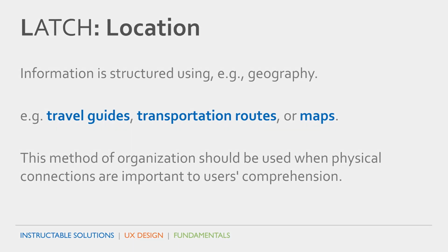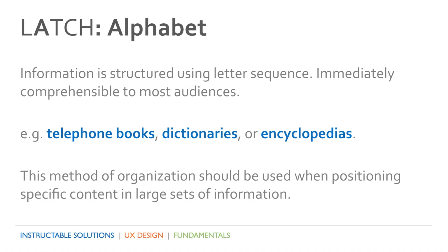The second element of LATCH is alphabet. And in this case, information is structured using letter sequence, which is immediately comprehensible to most audiences. We see real-world examples of alphabetical organization in telephone books, dictionaries, or encyclopedias.